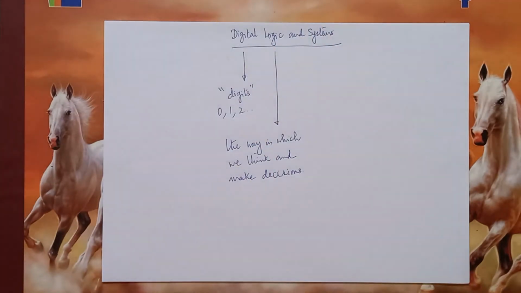What about systems? System in its basic sense in the electronic context refers to an interconnection of well-known blocks or familiar blocks to achieve a certain purpose.